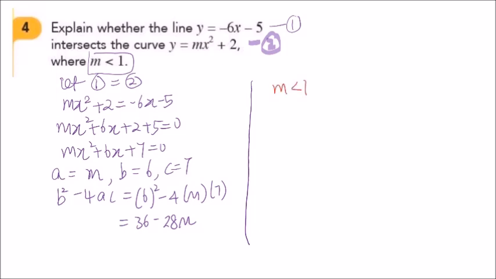So we're going to multiply both sides by 28, and then multiply both sides by negative 1. And if that's the case, we have to change the inequality sign, and the next thing is to add 36 to it.